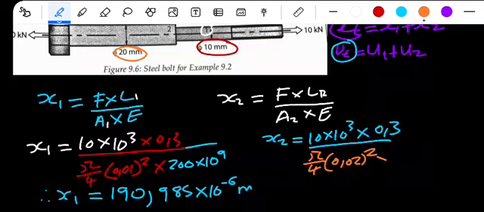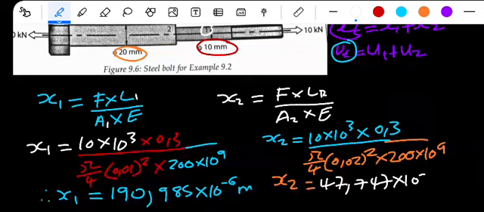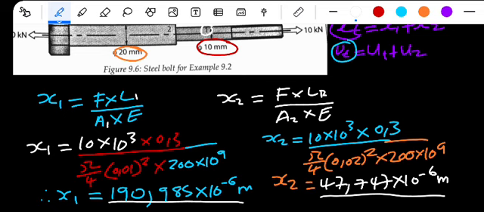Then we square this and multiply by Young's modulus of elasticity, 200 times 10 to the power of positive 9. Therefore extension 2 will be 47.747 times 10 to the power of minus 6 meter.